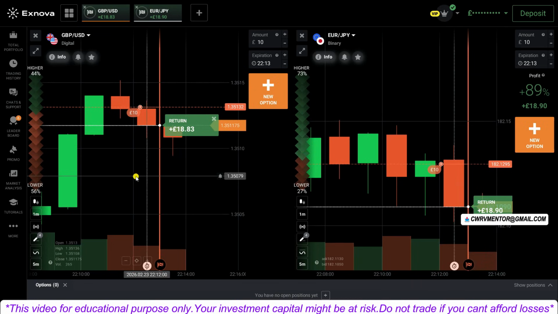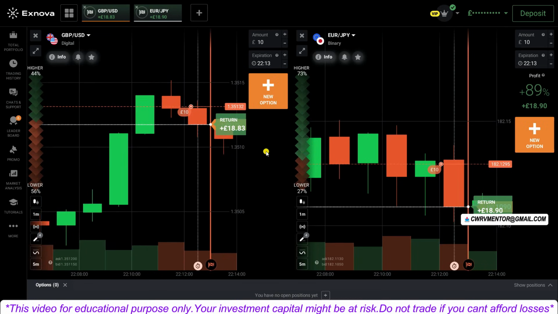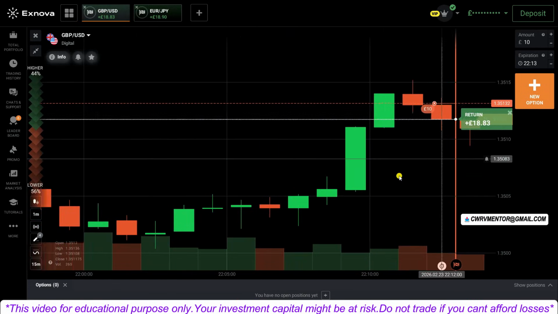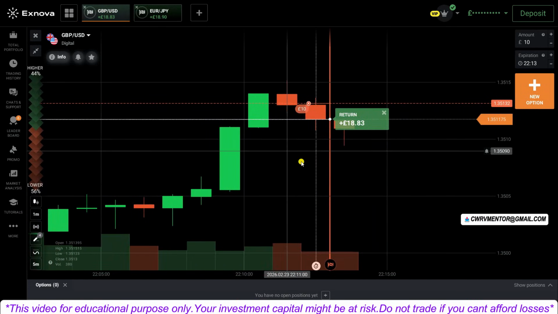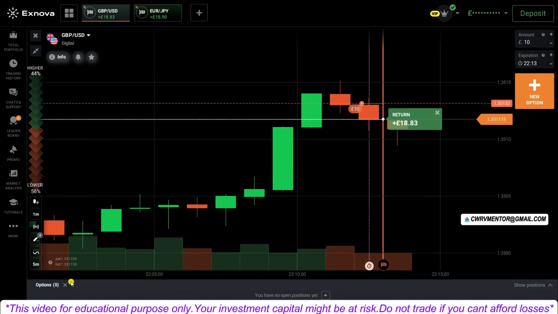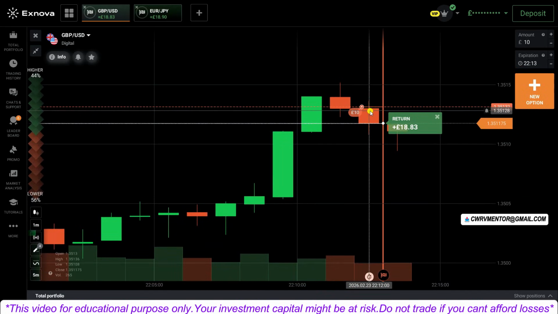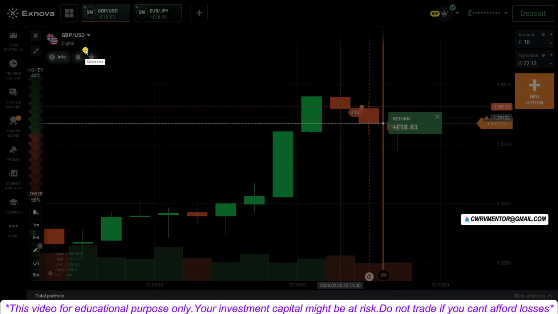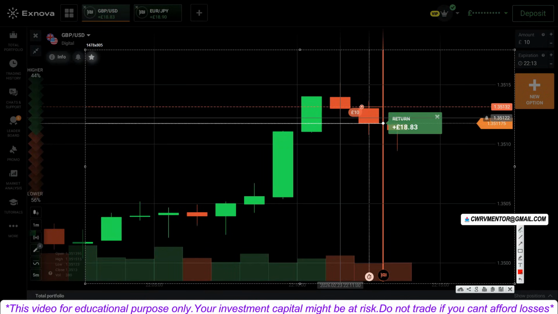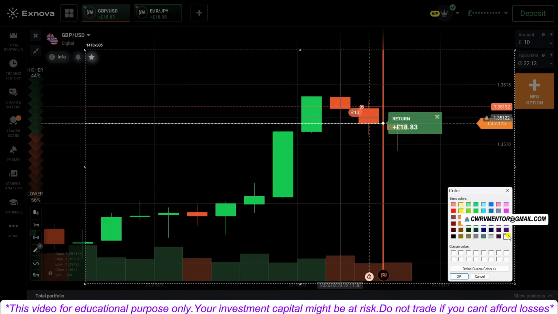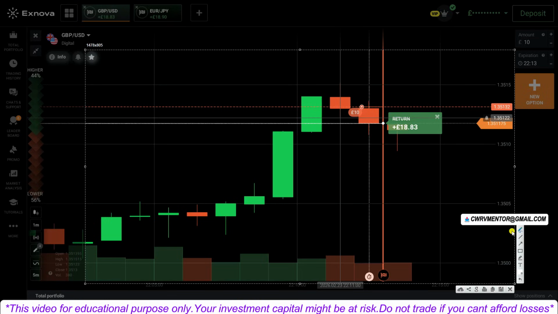Okay, so let me explain the two trades which I took based on the CWRV concept. First of all, the GBP/USD pair. To analyze these candlesticks, you must use the last four candlesticks' data. In the CWRV concept, we have to understand the last 3, 2, 1 and 0.